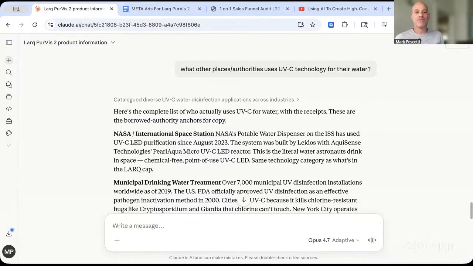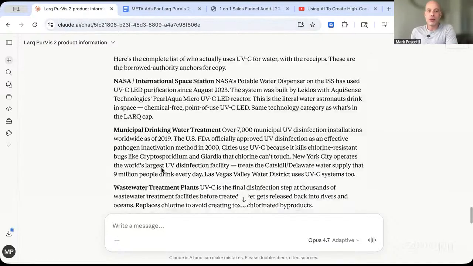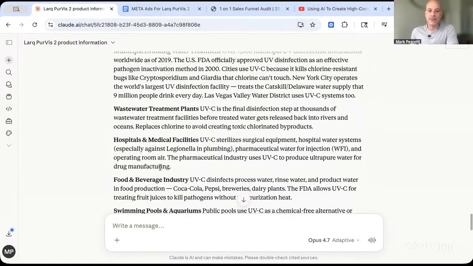Of course, we want to use borrowed authority where we can, how we can, legally, compliantly, which that whole conversation is different now. That whole conversation's changed. What you can do in terms of using without paying for celebrity endorsements is insane. So lots of different possibilities.